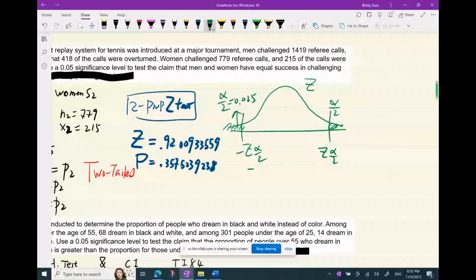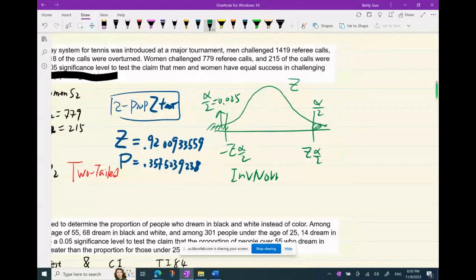You go to inverse normal, enter the area equals 0.025, and you will have the critical value, which is going to be a negative value. Then you take the opposite, and you will have the other critical value, because this is two-tailed.